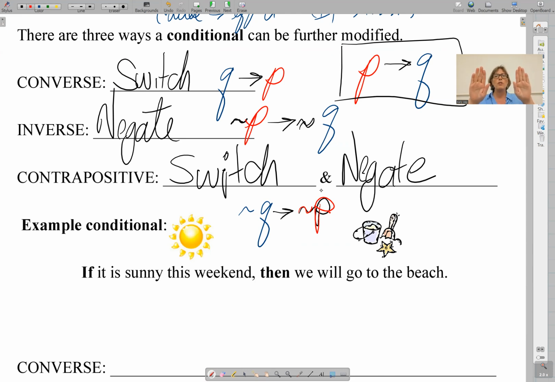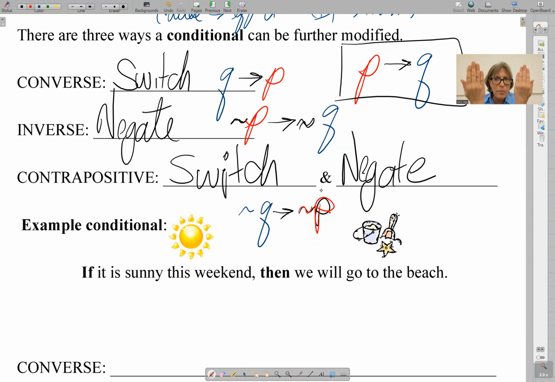The conditional is going to read, if, then. Got it? That's a conditional. Converse, switch. Go back to the conditional. If, then. Converse, switch.